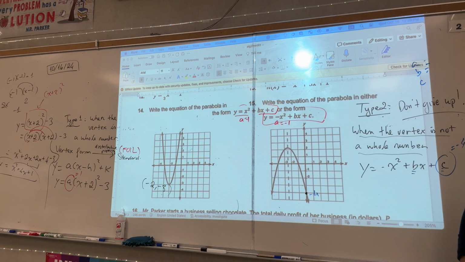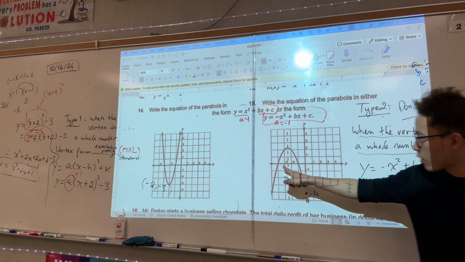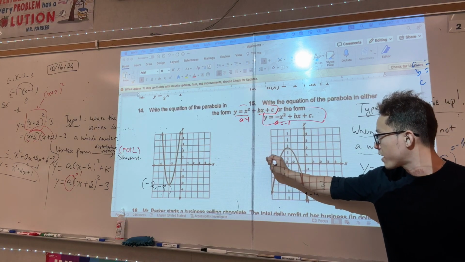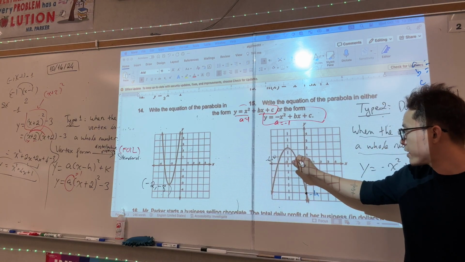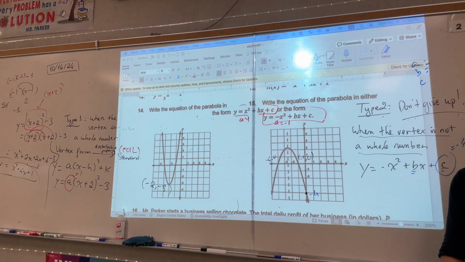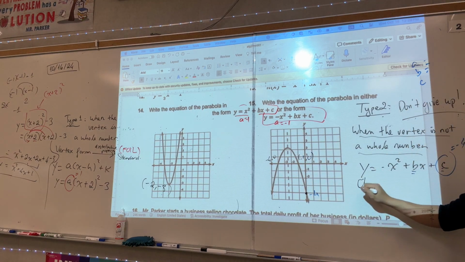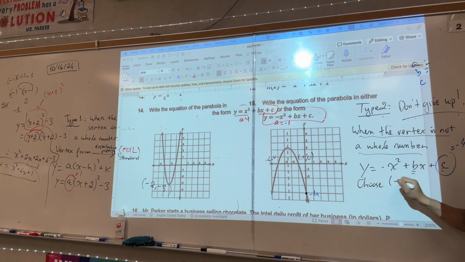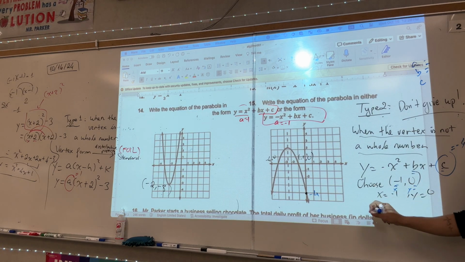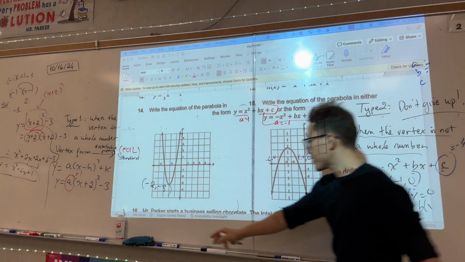Choose any other point to find the b. What point is good? You have over here -4, 0. And you have here -1, 0. Which one is good? -1, 0. Okay? So choose -1, 0. That means x is -1, y is 0. Plug it in. So y is 0 equal to negative... I put parentheses first for all the x. What is c anyway?